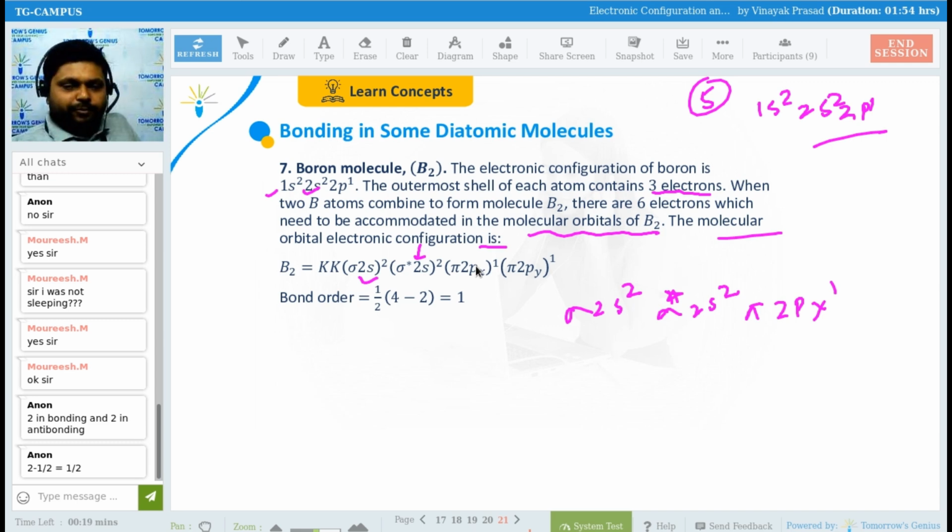Pi 2py is there. Yes, very good, Anil Dev. So 4 minus 2, right? 4 minus 2 upon 2, it will be 2 minus 2... Getting my point? It will be 1 only.